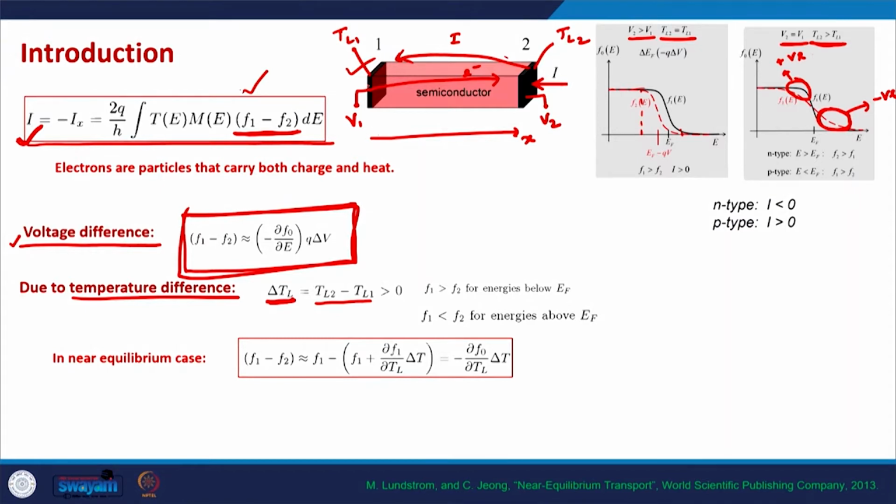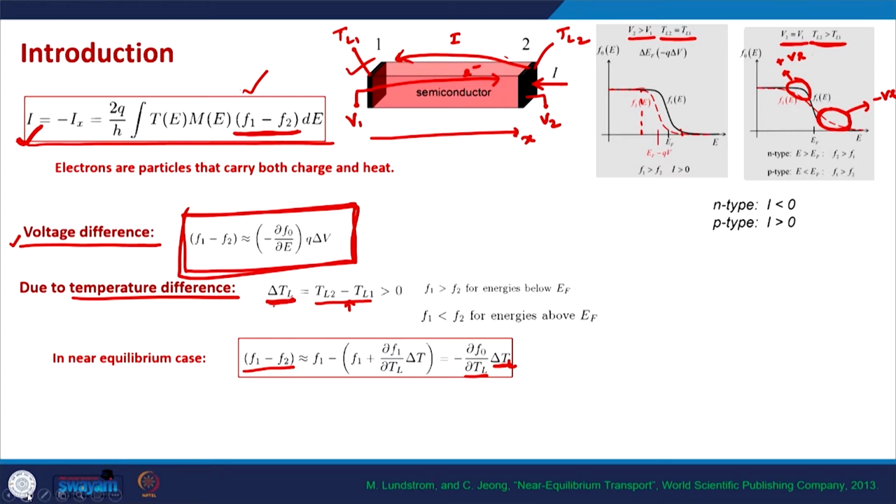In that case, F1 minus F2 can be given by minus del F by del T times delta T, where delta T is the temperature difference between the two contacts, TL2 minus TL1. So, delta T is actually delta TL.